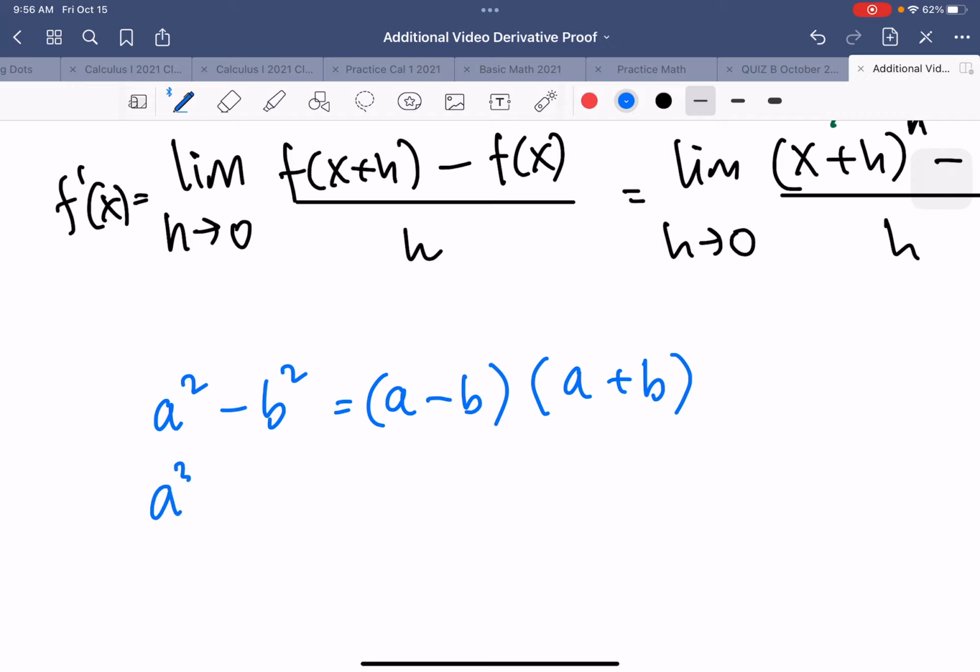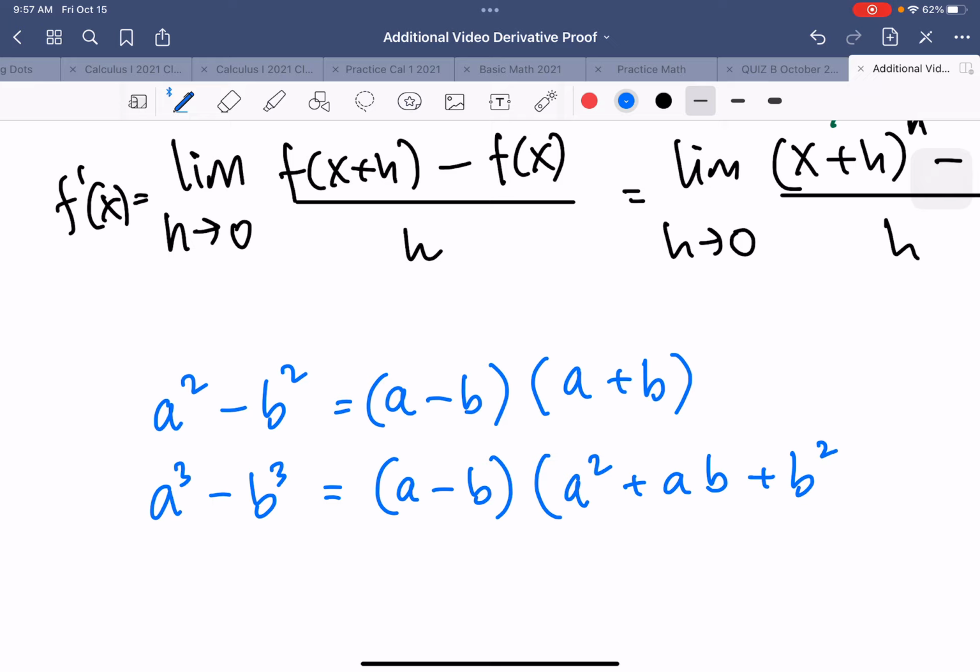Let's increase this to 3, becoming a cube, and we just factorize out a minus b. This will be a squared plus a b plus b squared.